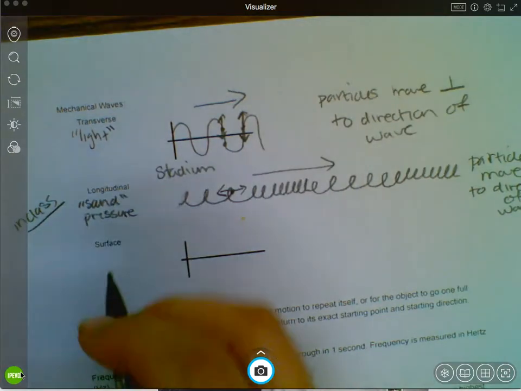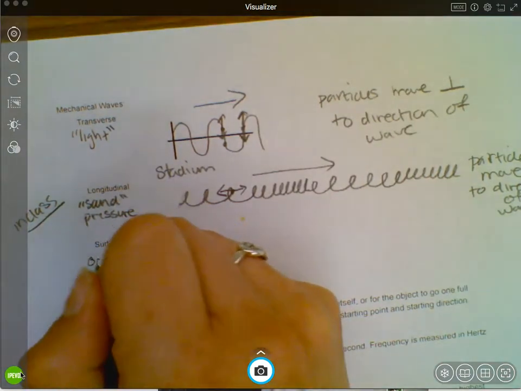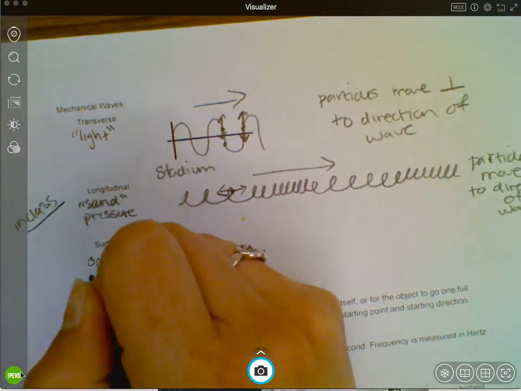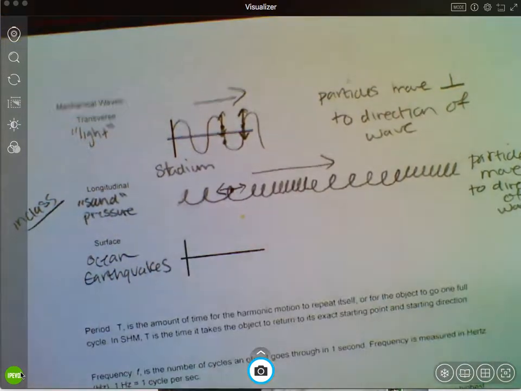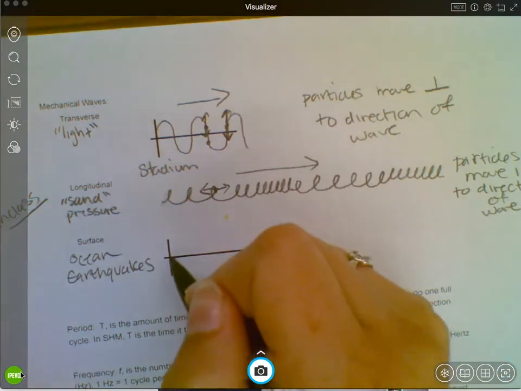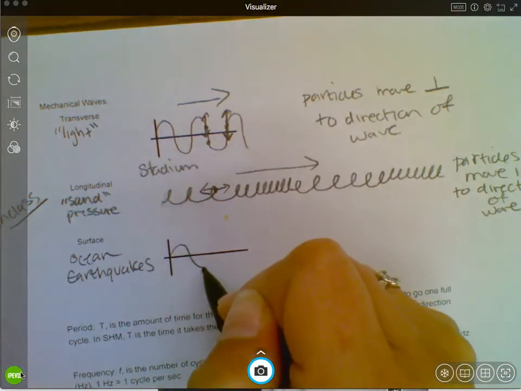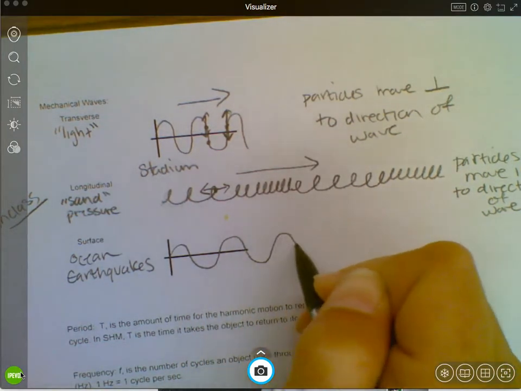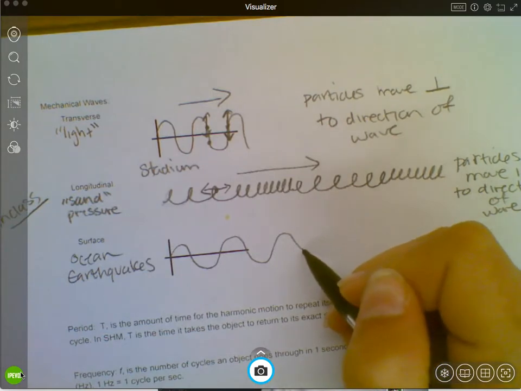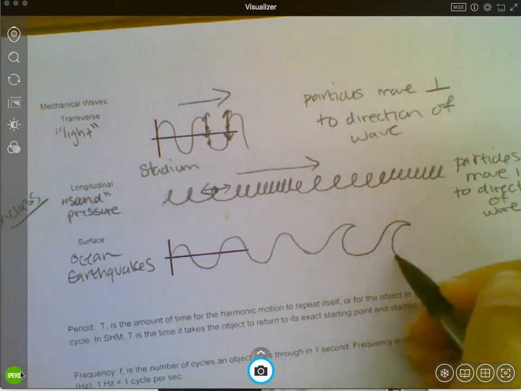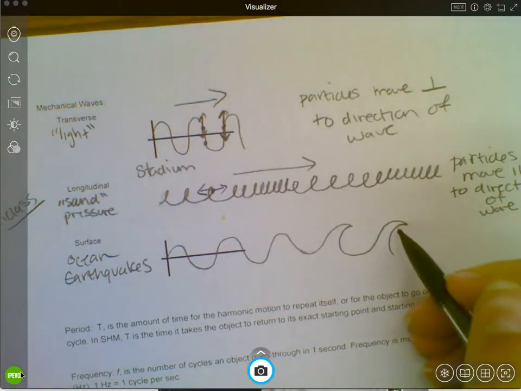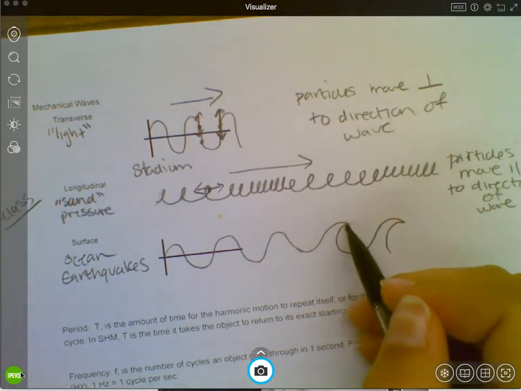And then the last type is a surface wave, and this would be like ocean waves, earthquake waves. Okay, and these waves kind of look like transverse waves, but at some point they sort of buckle, right?